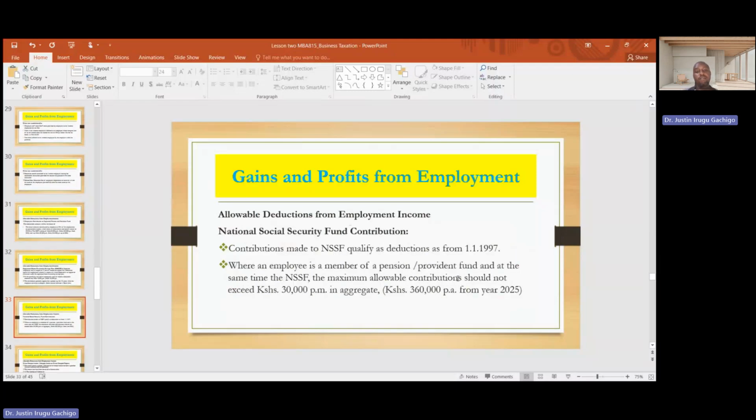Again, contributions to NSSF are subject to the 30,000 per month or 360,000 per annum, because NSSF and other pension schemes are grouped together. So the amount should not exceed this amount.